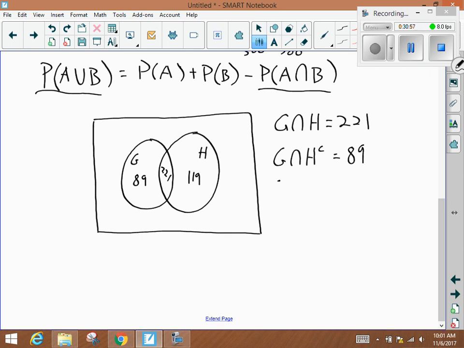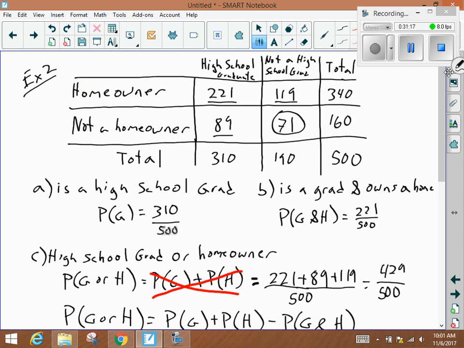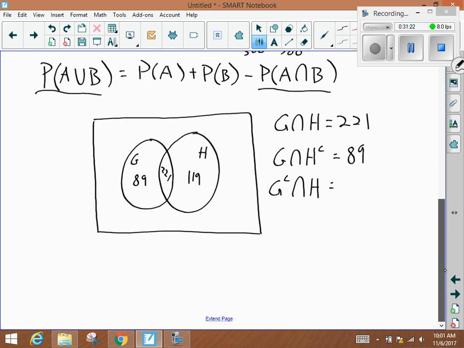How about the event: not a high school graduate, and owns a home. We can go up to our table and find that. Not a high school graduate, but a homeowner is 119. And then how about G complement intersect H complement?